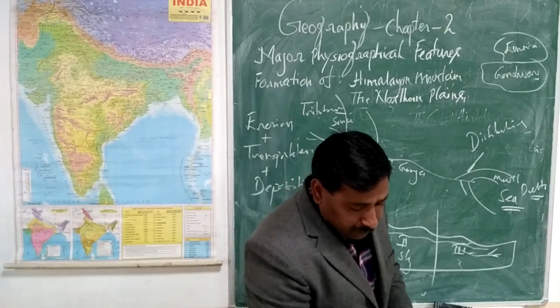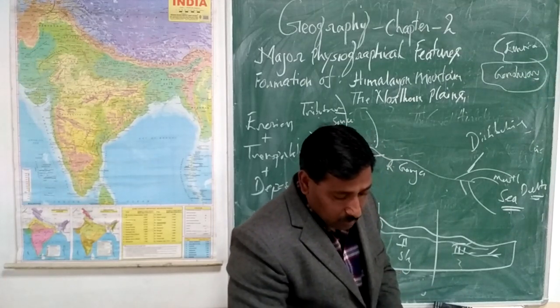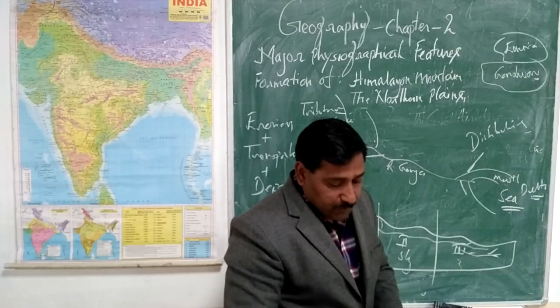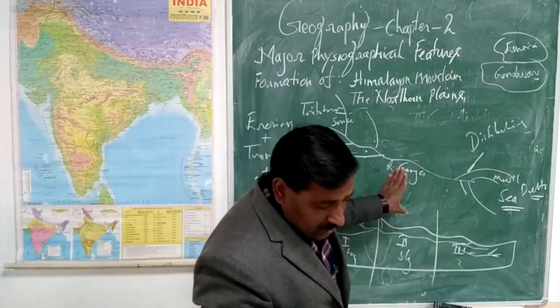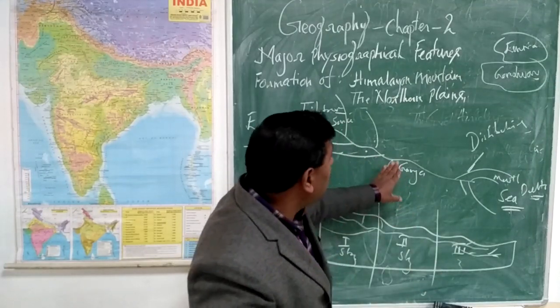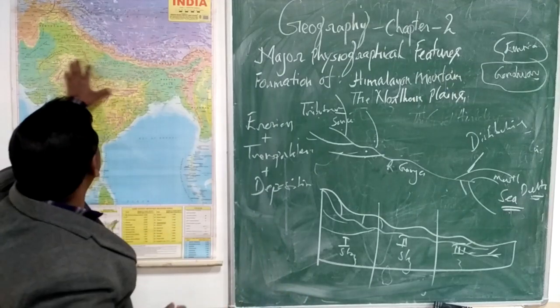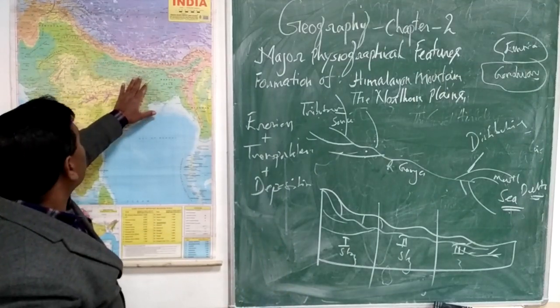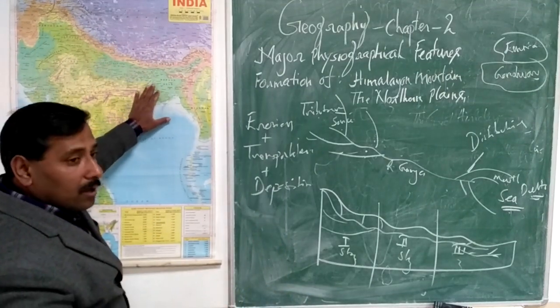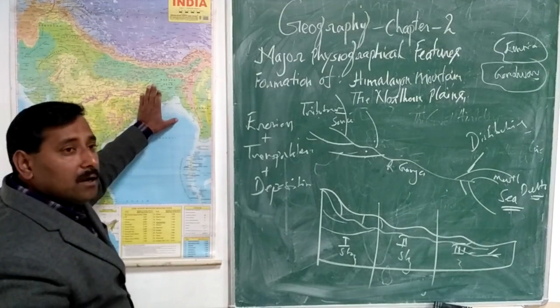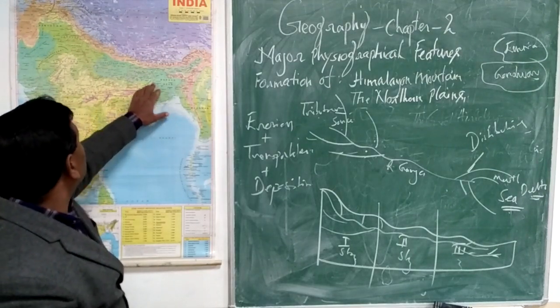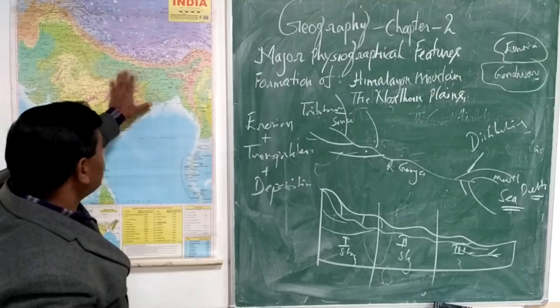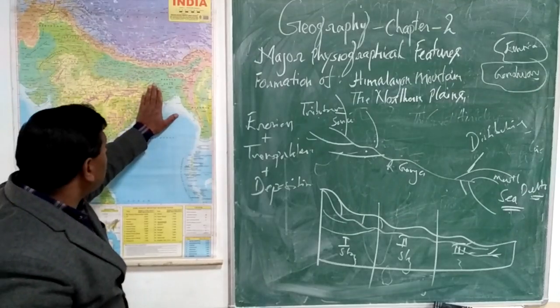The Ganga plain extends between the Ghaggar and Tista rivers, and spans the states of northern India. So this whole river stretch, you can see when you read your textbook, you will go through the various rivers mentioned in the chapter.